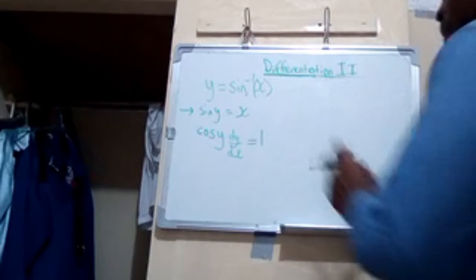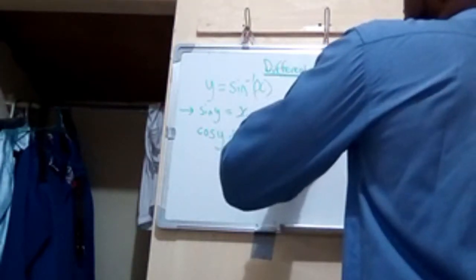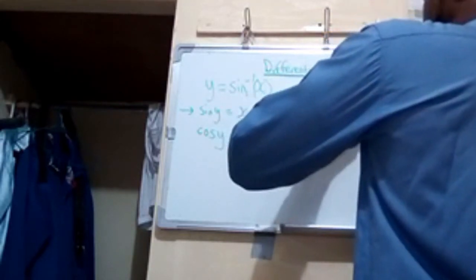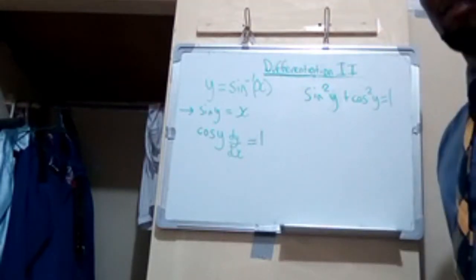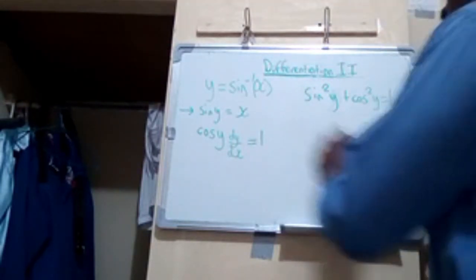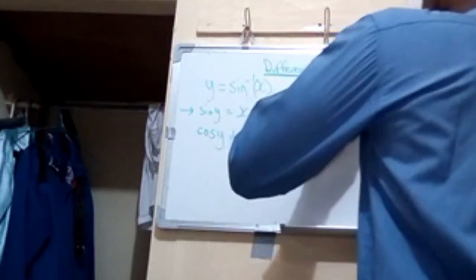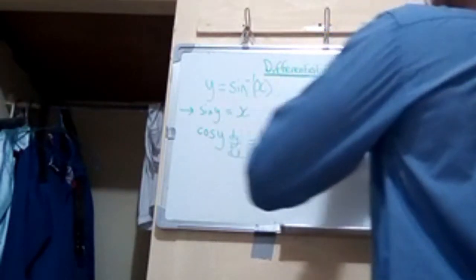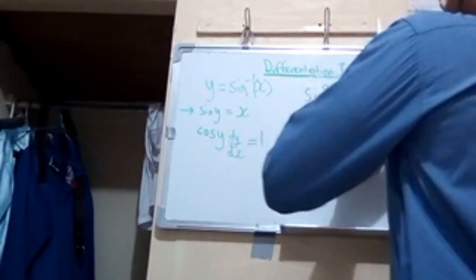Now remember this identity from trigonometry: sine square y plus cos square y equals 1. And so cos square y is equal to 1 minus sine square y, and so cosine of y is equal to the square root of 1 minus sine square y.